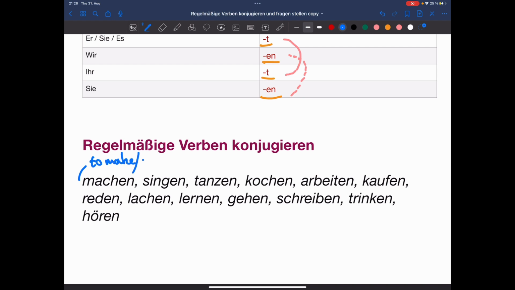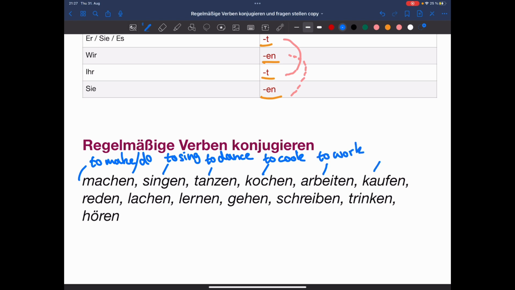This one has kind of two meanings. Then singen, it's really similar in English, is to sing. Okay, tanzen is also similar, means to dance. Okay, kochen, to cook. Arbeiten is to work.